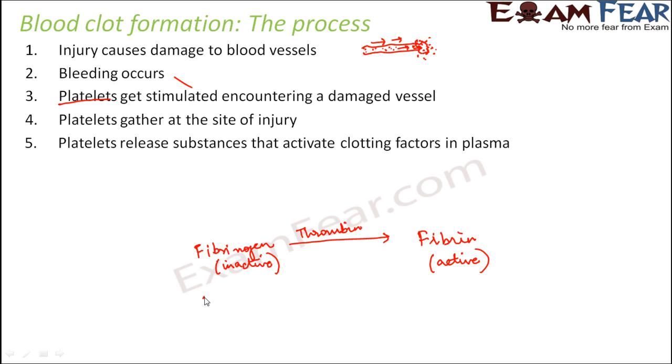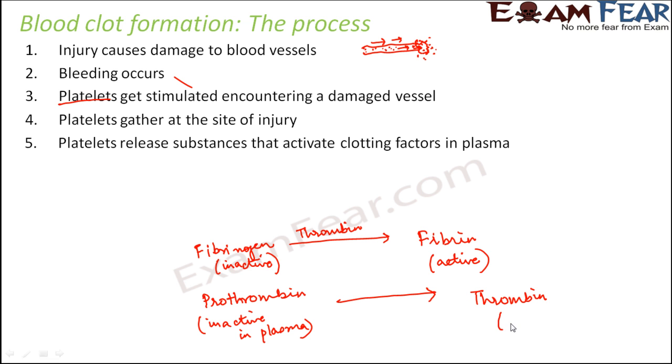Thrombin comes from another substance called prothrombin. And where was prothrombin present? Prothrombin was another inactive substance in plasma. So the plasma has a lot of proteins in it, as I mentioned before also. So this was another inactive protein in plasma which got converted into an active protein called thrombin.